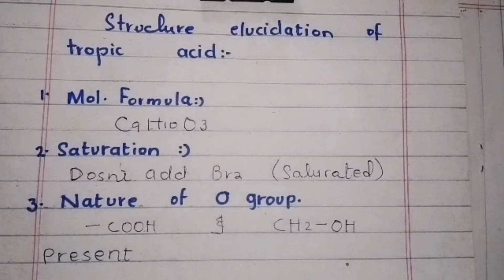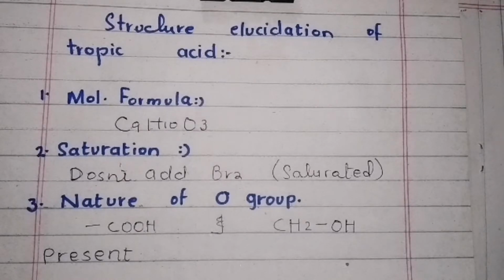It does mean that there is no carbon-carbon double bond, but it doesn't mean that there is no double bond, because there could be a double bond with an oxygen atom. In saturation we consider carbon-carbon double bonds, not carbon-oxygen double bonds.